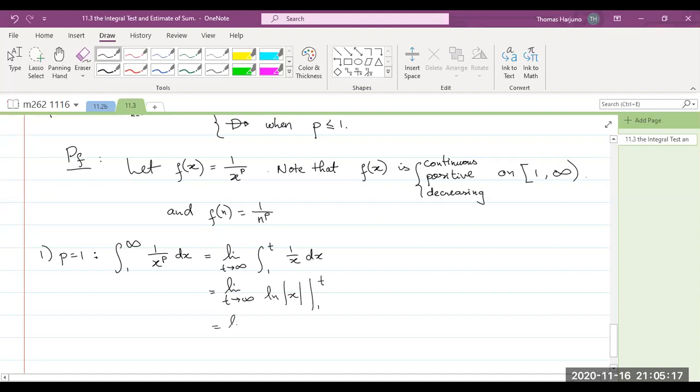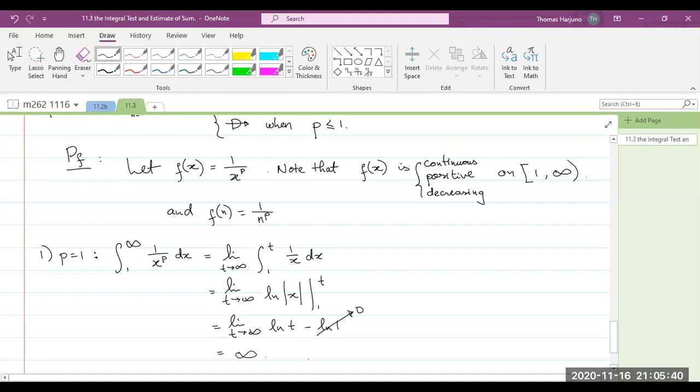This is the limit as t goes to infinity of natural log of t minus natural log of 1, but natural log of 1 is 0, and this goes to infinity. So when p equals 1, it is divergent.